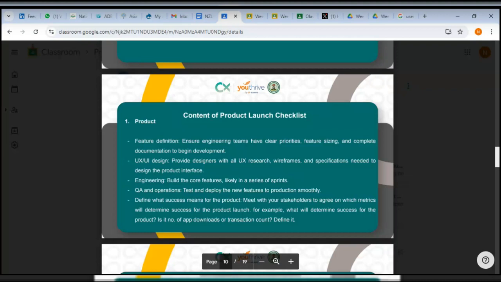The sizing and the design. For the design, you want to provide the results of the UX research to your designing team, right? And you want to provide them wireframes and specifications needed to design the product interface.